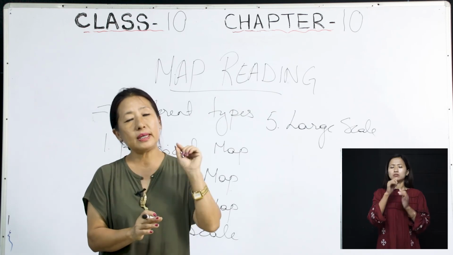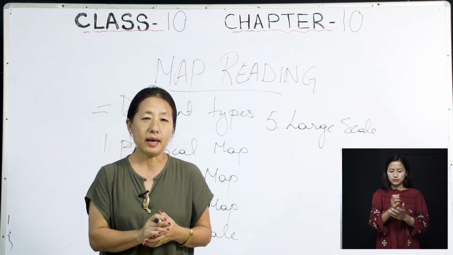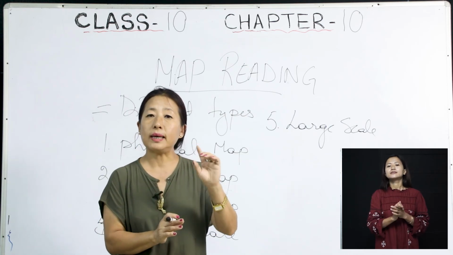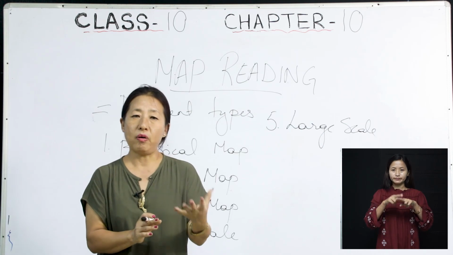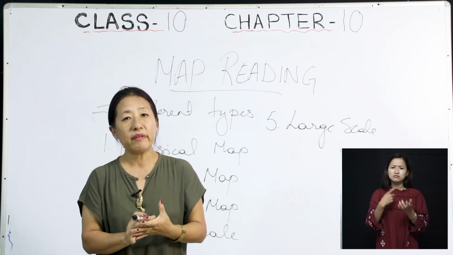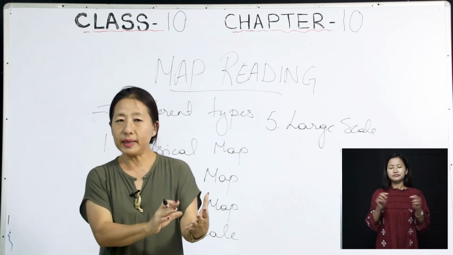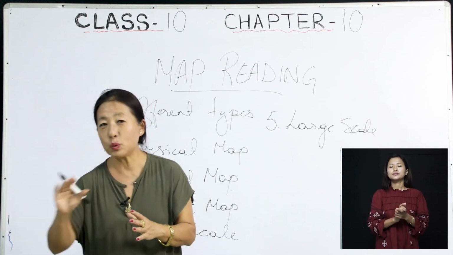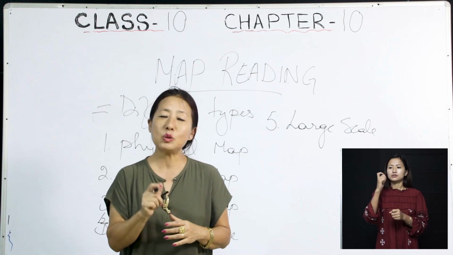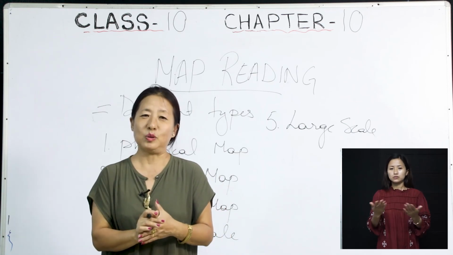If it is green color, then it depicts the forest or agricultural field. Apart from that, we also have sketches in your textbook on page 139. Please make sure you go through those sketches also.